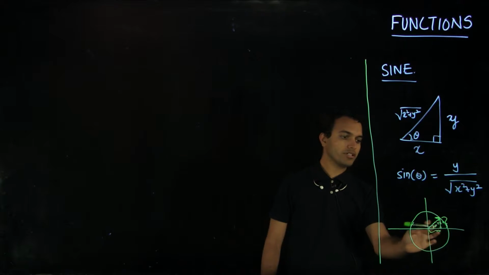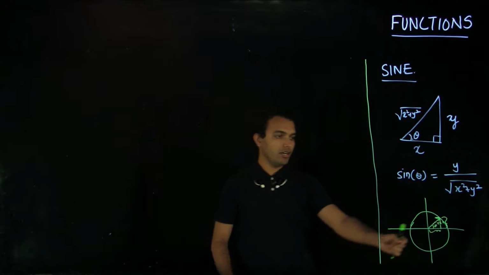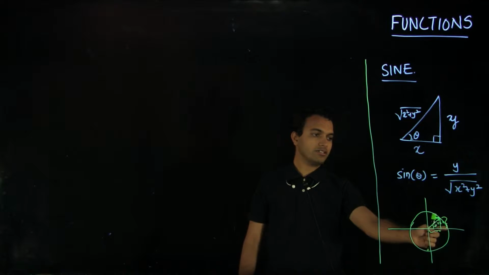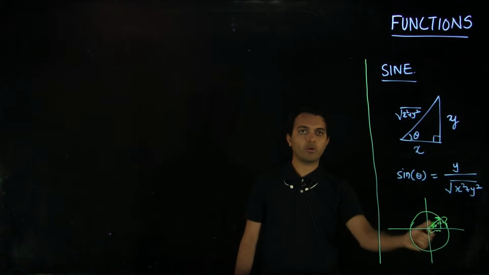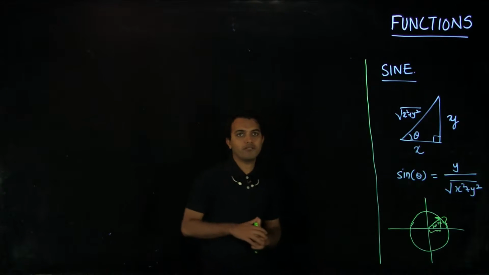So you can just think of a circle, take this vector and try to rotate it around to figure out what the value of sine is, or roughly what the value of sine is.